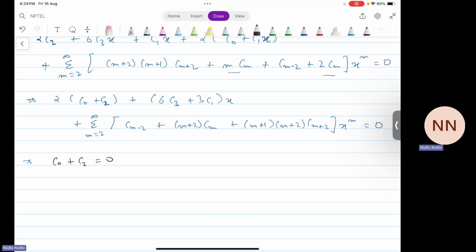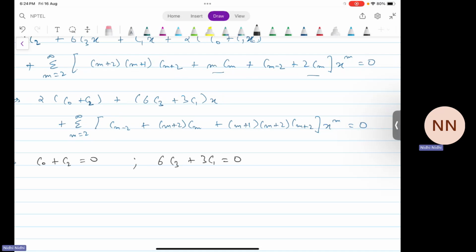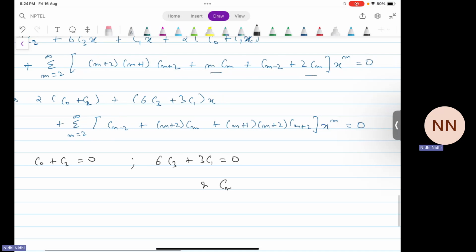Again, the coefficient of x is 0, so we get 6c3 plus 3c1 equals 0, and c_(m+2) is equal to minus [c_(m-2) plus (m plus 1)c_m] by (m plus 1) times (m plus 2), for every m greater than or equal to 2.